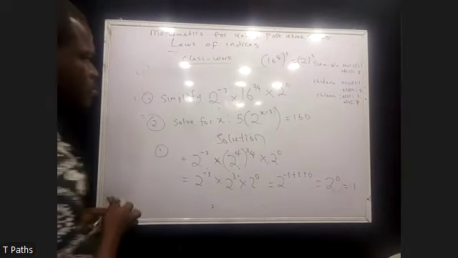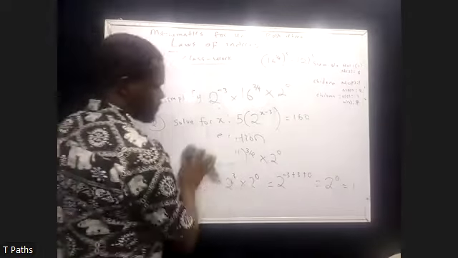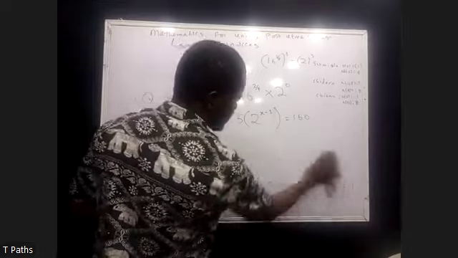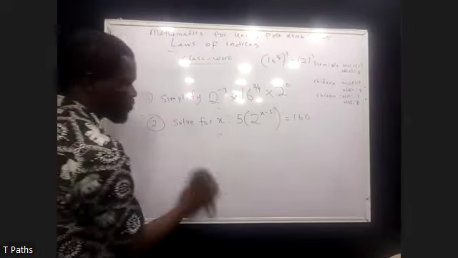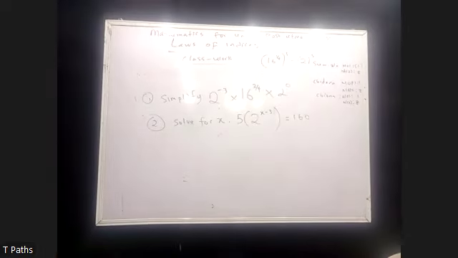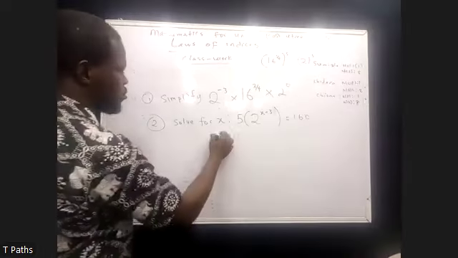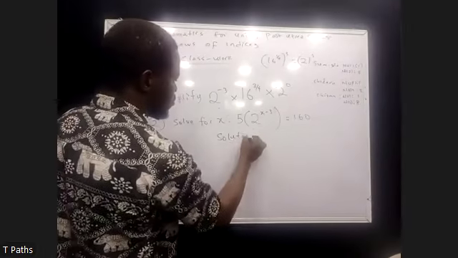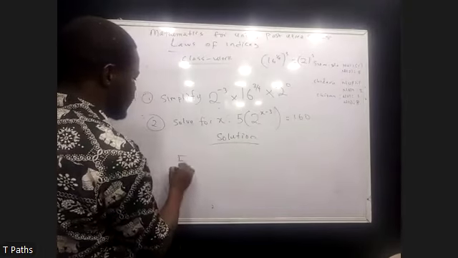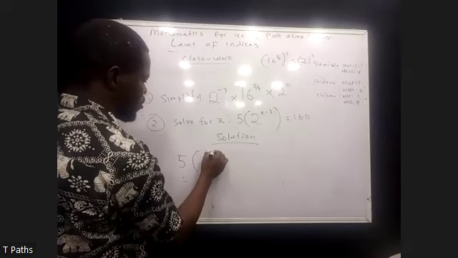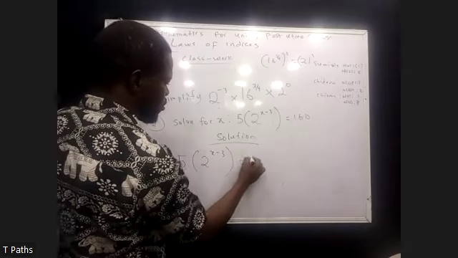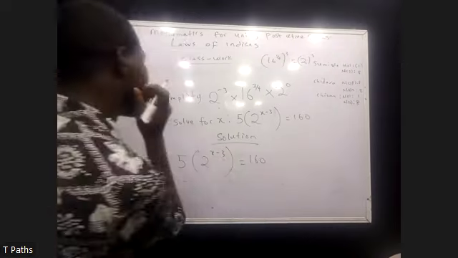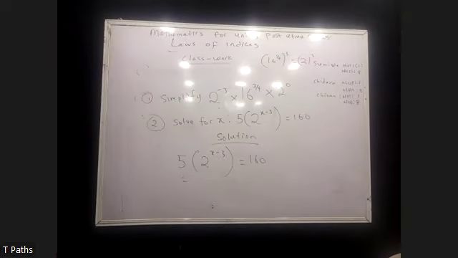The next one. The only thing you can do here is to divide both sides by 5.